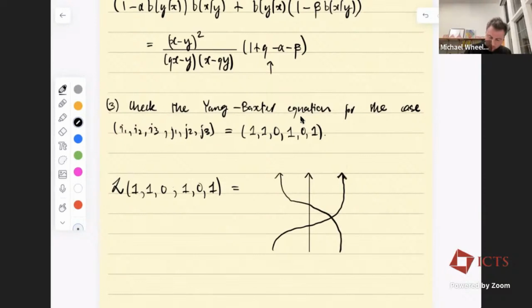So according to the conventions that we set up, these three indices here should be read from left to right across the bottom. And then these three indices should be read in the opposite direction, although for this example, it doesn't actually matter. So that's what we have.